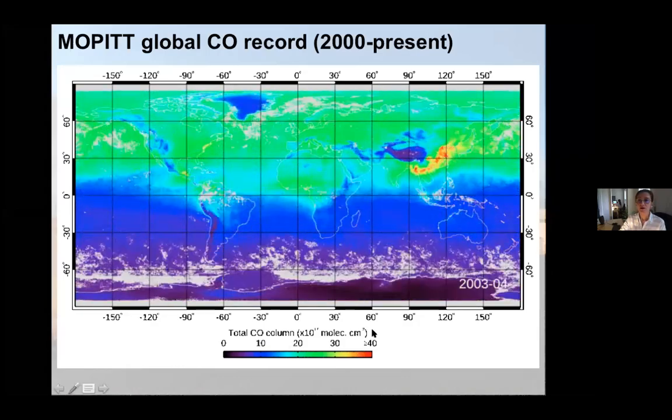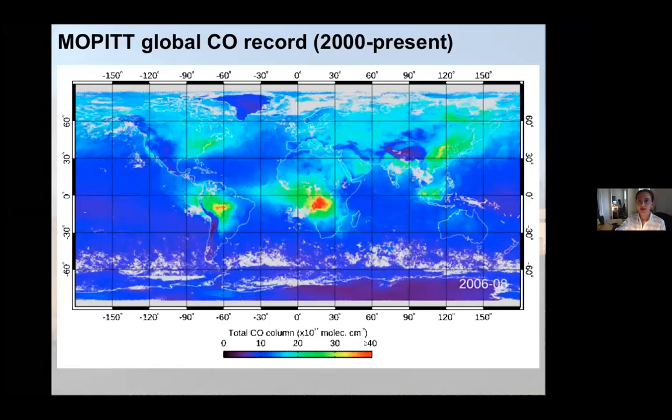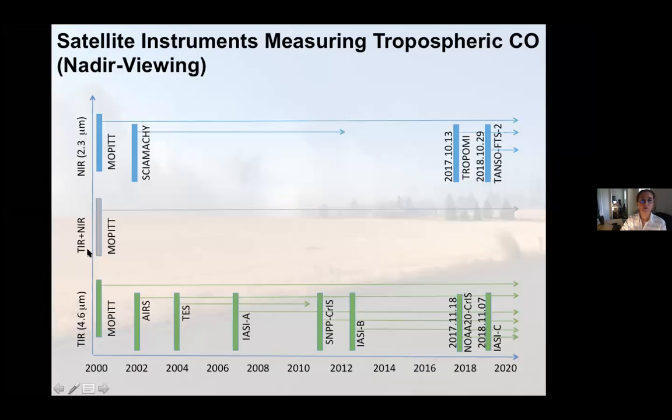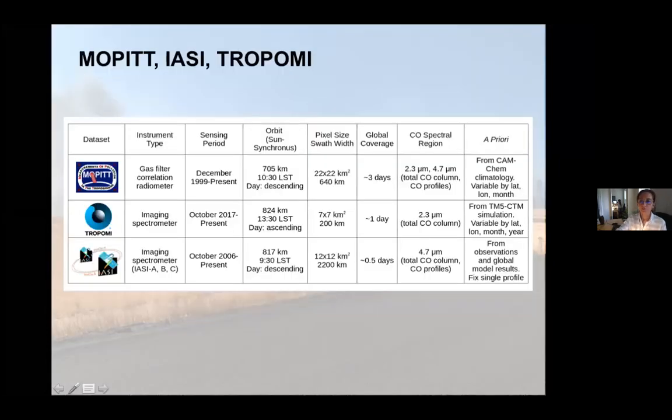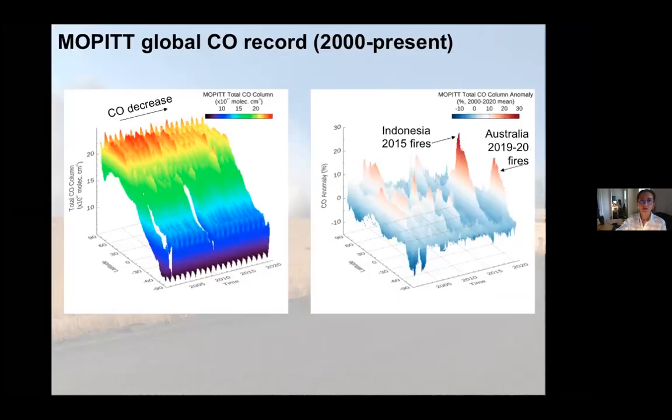So let's move on to the next slide, which also shows the entire MOPITT dataset, but in a more static way. Let me walk you through the meaning of these plots. We have latitude in this axis, time, so 2000 to now, and amount of CO, total CO column.